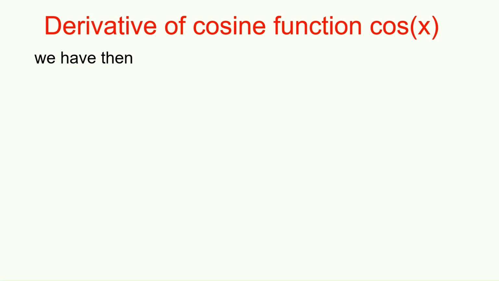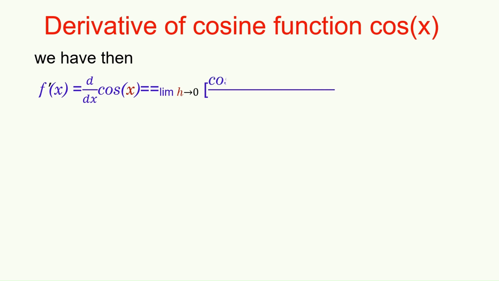We have then f'(x) = d/dx cos x = limit as h tends to 0 of [cos x cos h − cos x]/h − sin x sin h/h.